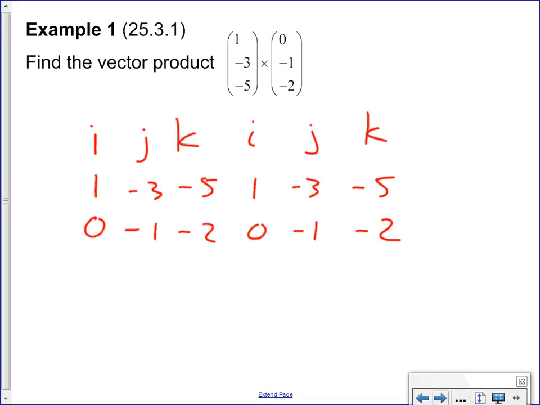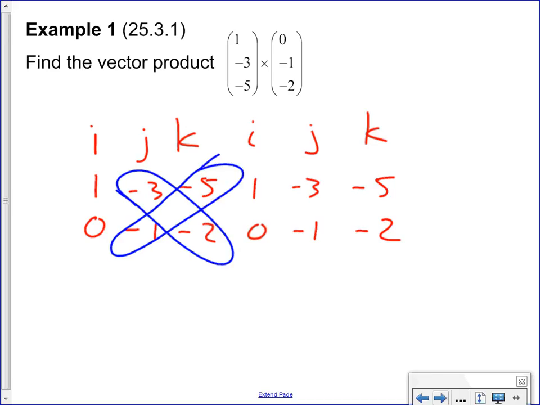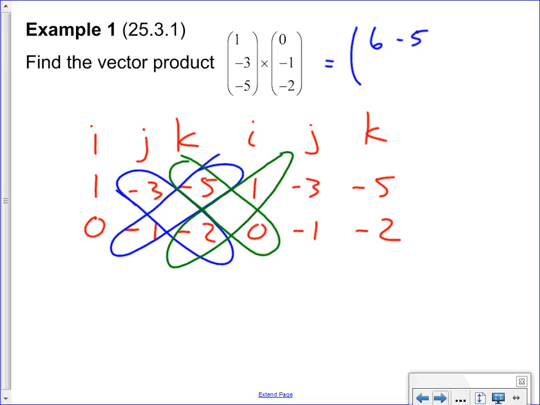So for the i's, the cross product is right here and right here. So -3 times -2 is 6, and then -5 times -1 is 5. For the j's go this way, so 0 and -2, so 0 minus -2.